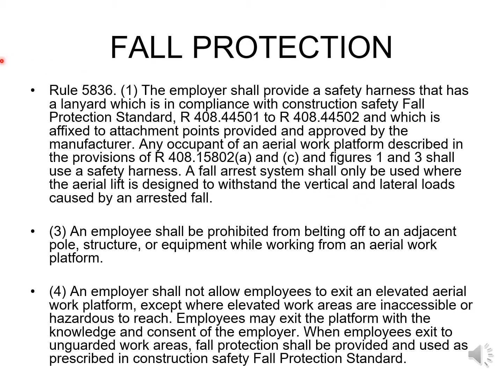Fall protection, and this is from the OSHA standard, Rule 5836, number 1, the employer shall provide a safety harness that has a lanyard which is in compliance with the Construction Safety Fall Protection Standard R408.44501 to R408.44502, and which is affixed to attachment points provided and approved by the manufacturer.